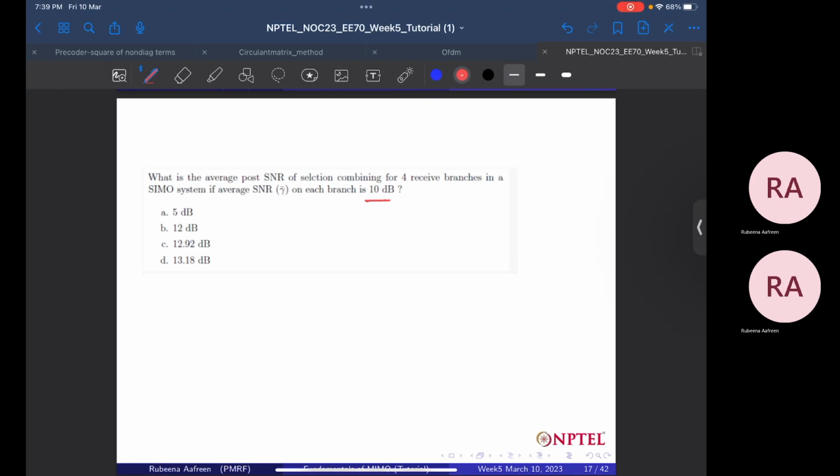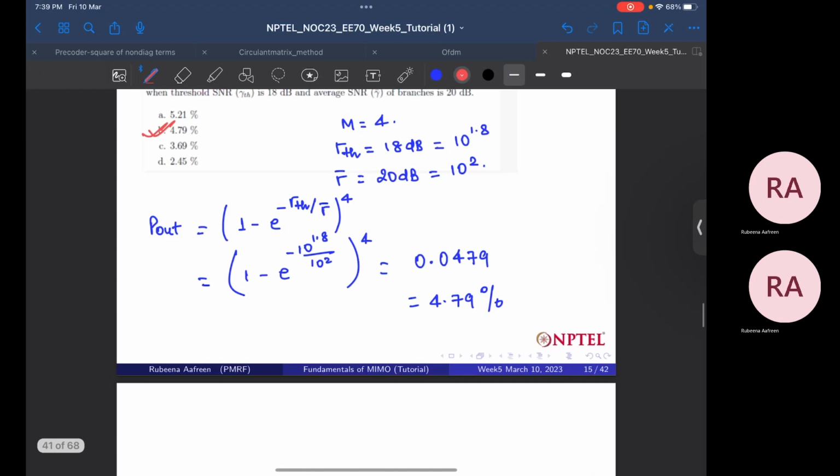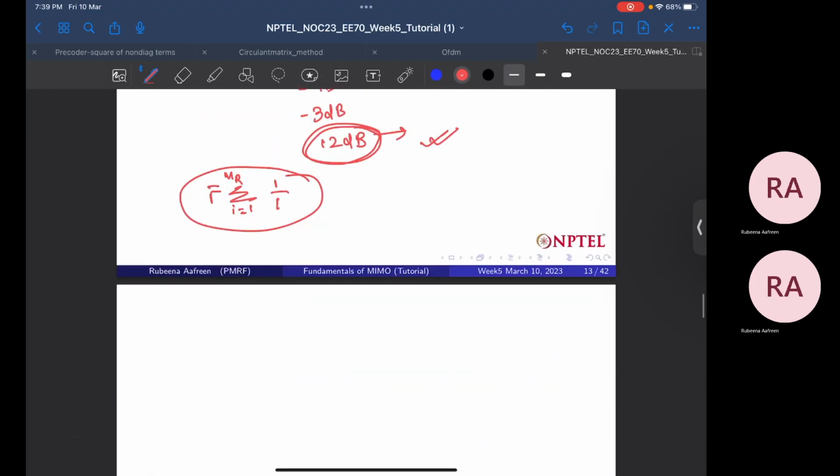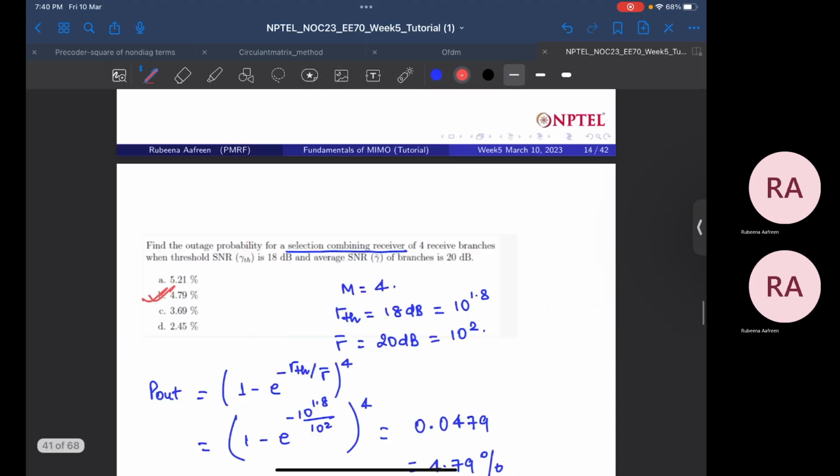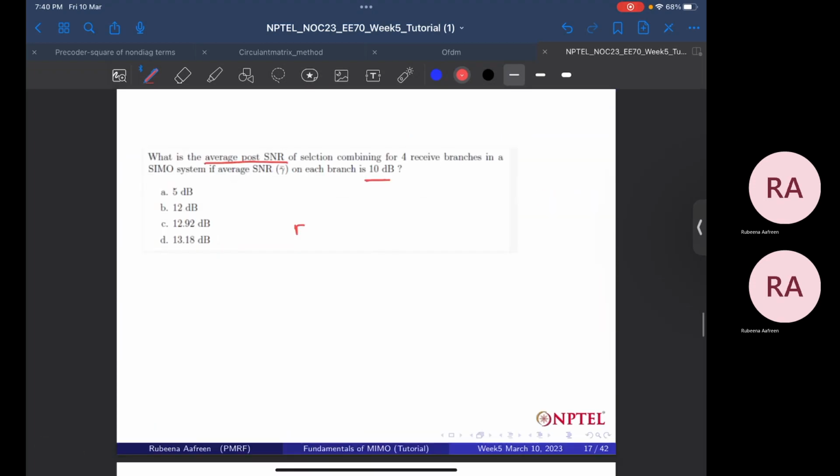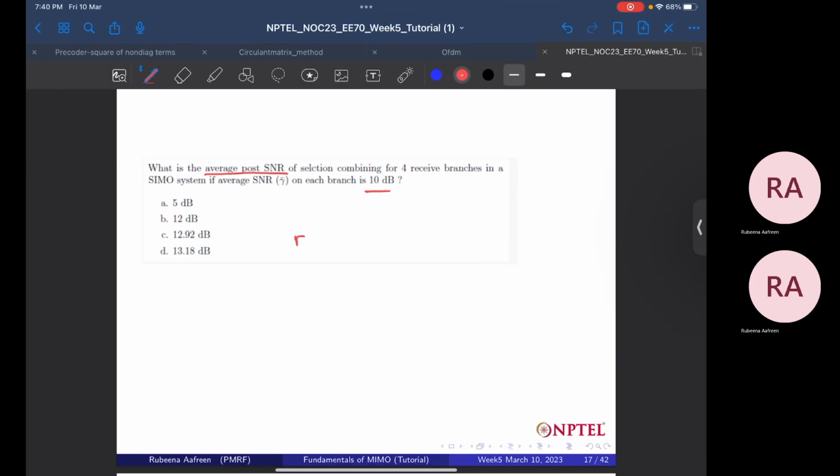So here selection combining is used, but it is asking for the average post-processing SNR, right? The average post-processing SNR for selection combining is gamma bar times the summation from i equal to 1 to M of 1 upon i.